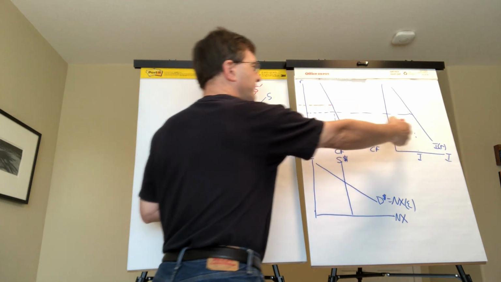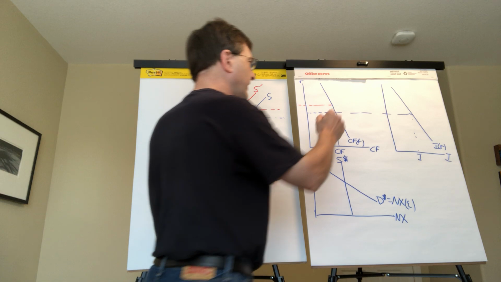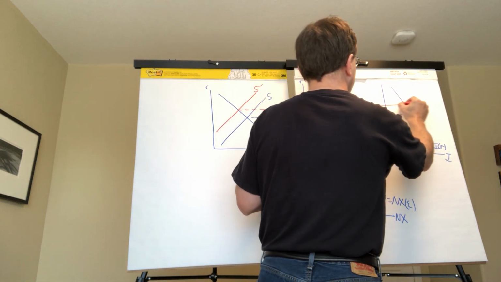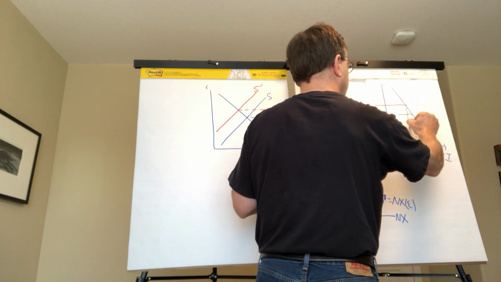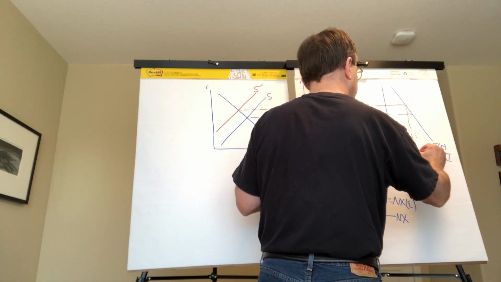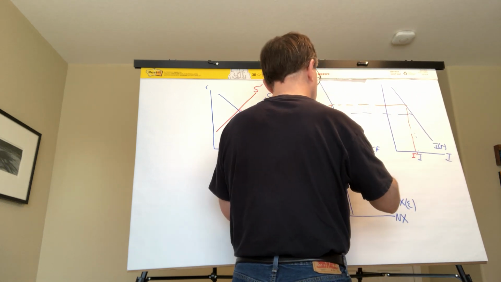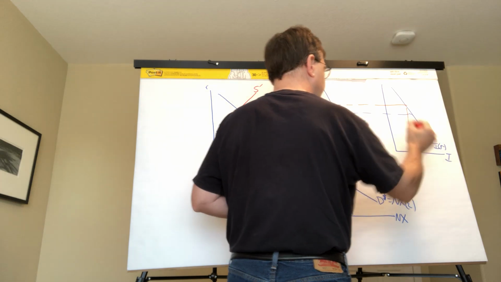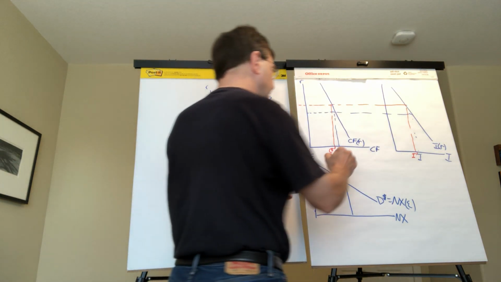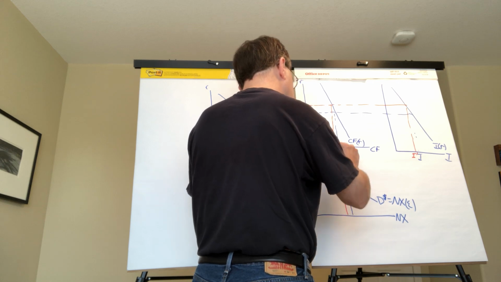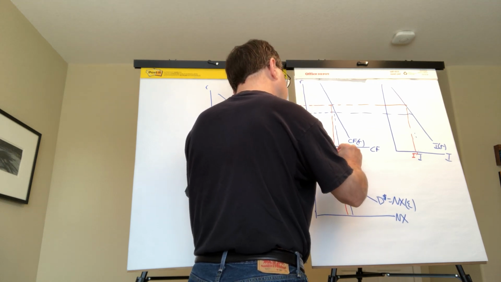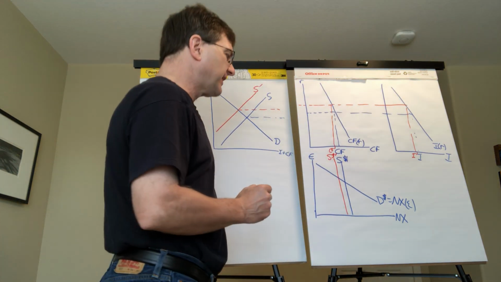There's been no shift in capital flow or investment as a function of the interest rate. So all we have to do is just trace down the new levels. Quantity of investment prime, quantity of capital flow prime. The quantity of capital flow prime, which is a lower level of capital flow, implies a leftward shift in the supply of dollars.